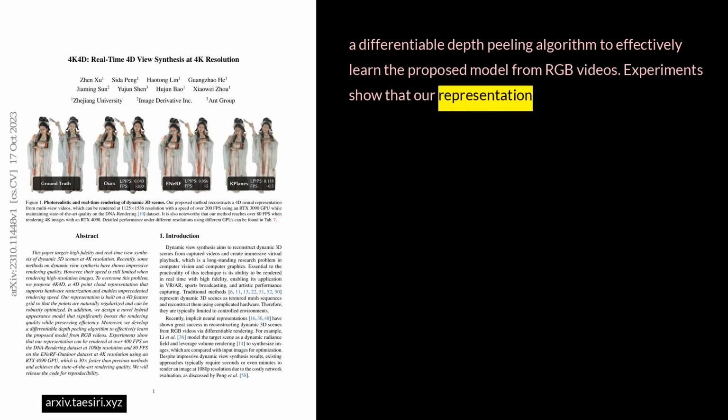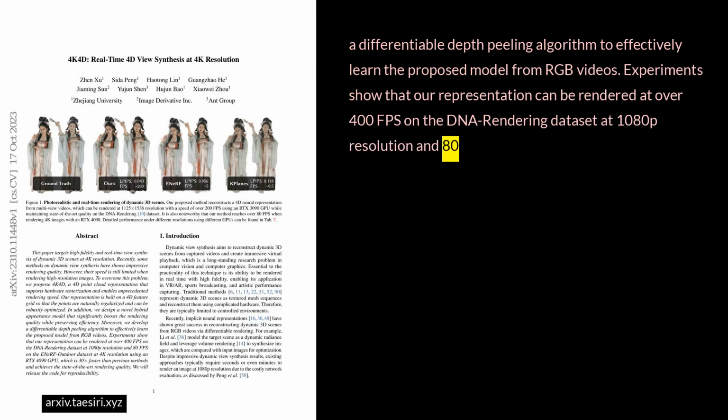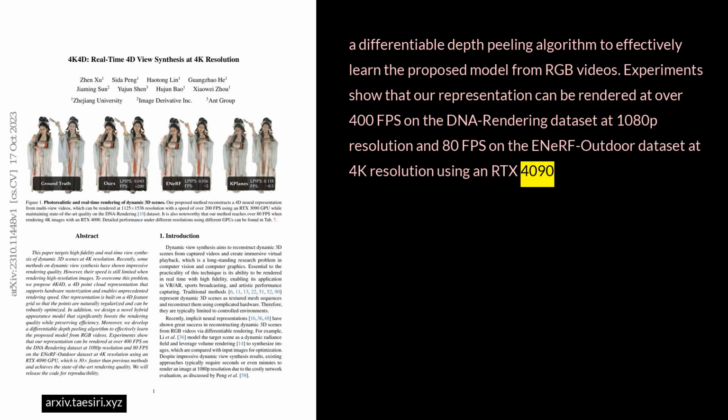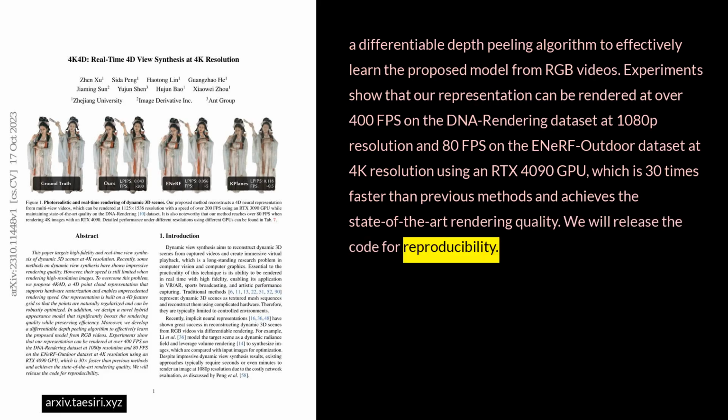Experiments show that our representation can be rendered at over 400 FPS on the DNA-Rendering dataset at 1080p resolution and 80 FPS on the ENeRF-Outdoor dataset at 4K resolution, using an RTX 4090 GPU, which is 30 times faster than previous methods and achieves the state-of-the-art rendering quality. We will release the code for reproducibility.